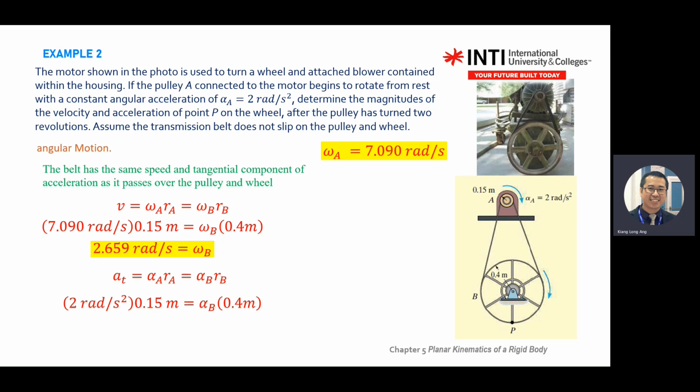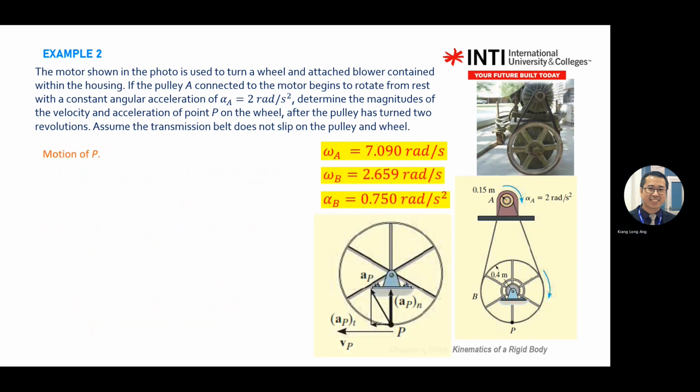R you know, so you find your alpha B. Okay, so you have omega B, alpha B. Then you need to find for P. For P, you have VP in this direction. Then acceleration, an pointing in, and at along with the velocity. Then there's a resultant of P you need to find later.